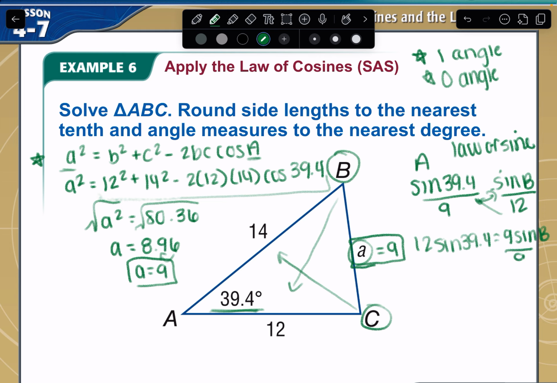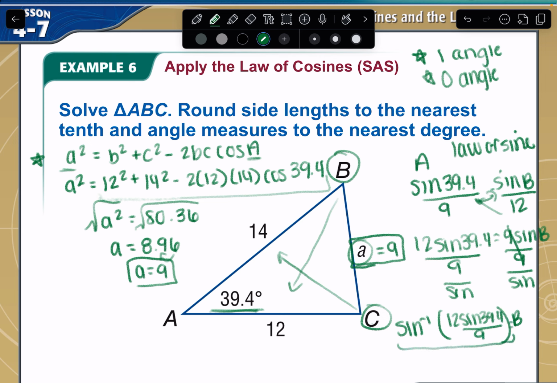I'm going to divide by 9 on both sides, and then I'm going to divide by sine on both sides. So when I solve this, it would really be sine negative 1, 12 sine 39.4 over 9.